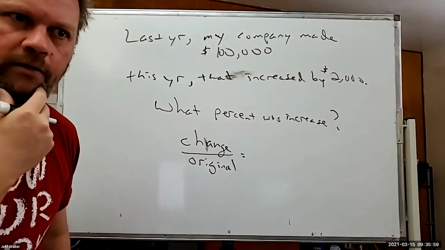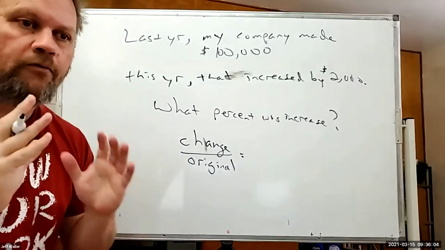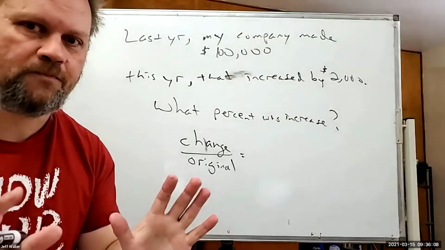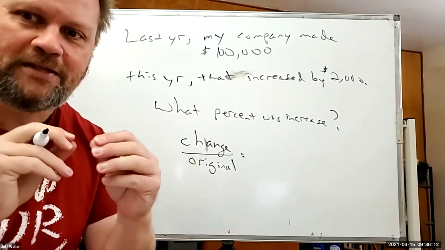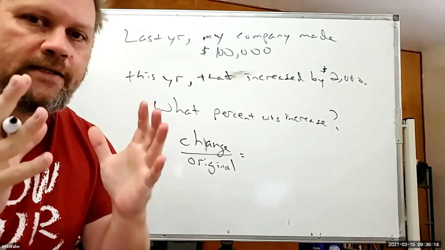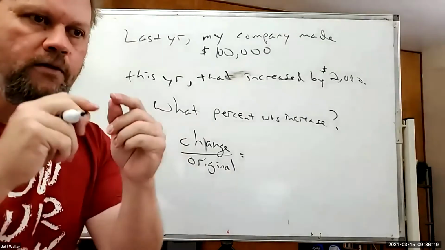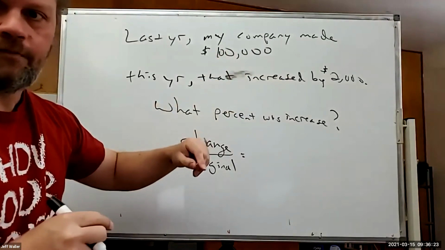Let me stop for a minute. One thing I really, really want you guys to get is how do you find a percentage? Do you notice that's been in a lot of different sections this semester? Percentages? Because it's crazy important. They're everywhere, percentages. How do you find them? You divide a part by the whole. It's the part out of the whole.